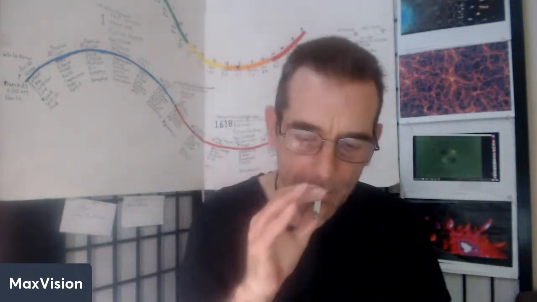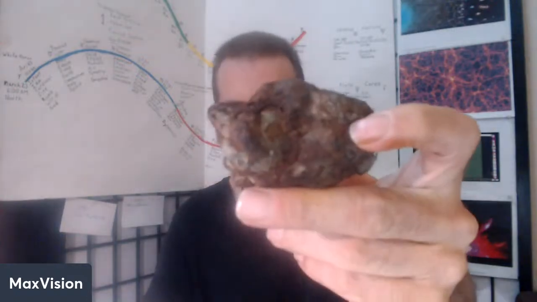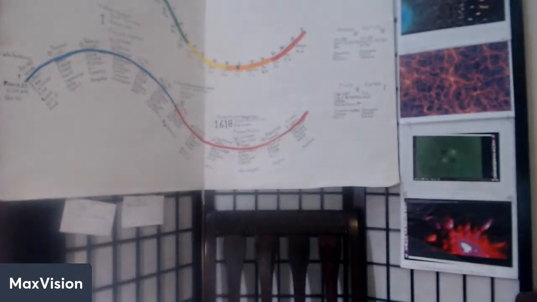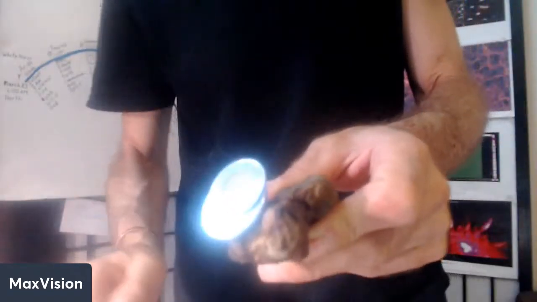Yeah, you can find these all over the place. They're magnetic. I thought it looked like a piece of cement because it was so covered with dust when I found it. But it's highly magnetic. If you take a magnet, it's got a lot of iron in it.